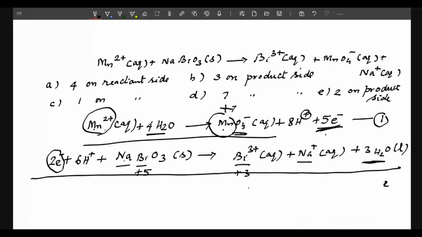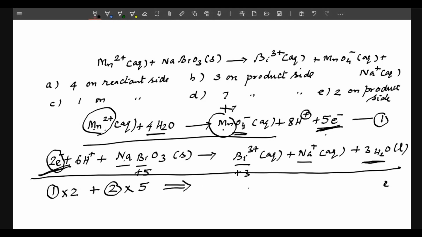This should be made equal, for which you have to multiply equation 1, the oxidation reaction, by the number of electrons in the reduction, that is 2, and the reaction 2 by the number of electrons in the oxidation, that is 5.